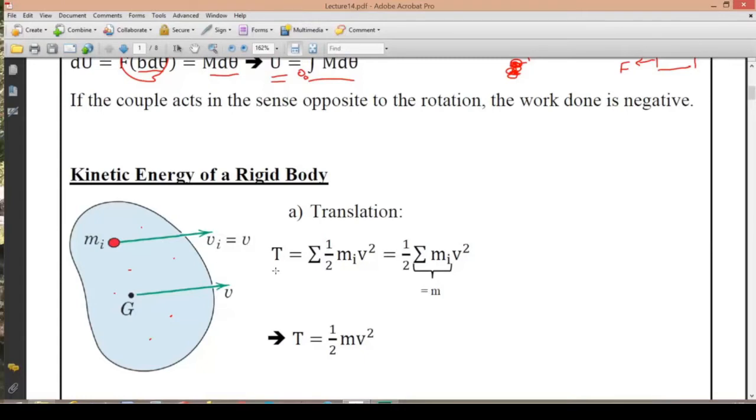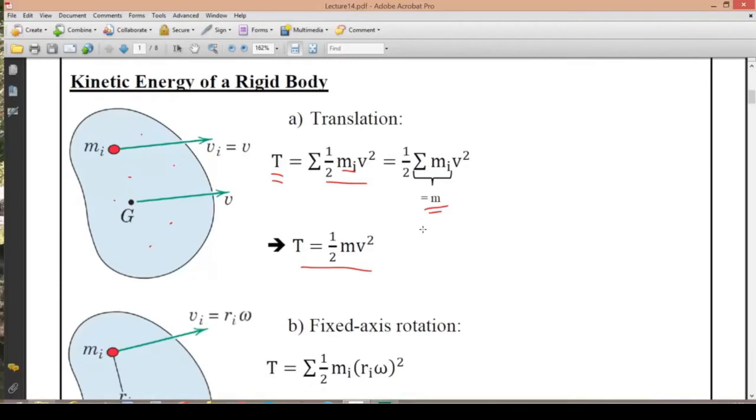Therefore, the total kinetic energy of this rigid body will be calculated by the summation of all the particles which have the same velocity. So there's no subscript here as v_i because they have the same velocity. As a result, this is just a summation of the mass, the total mass, and the kinetic energy is calculated the same as you would have for a particle actually.